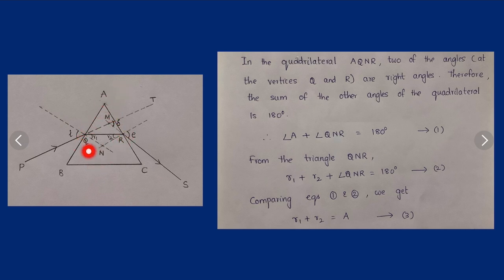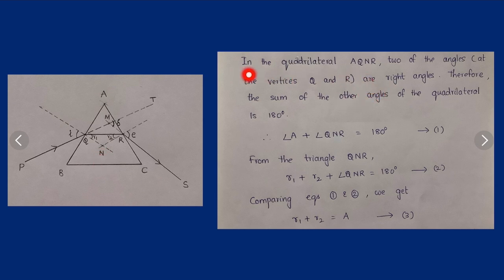In this quadrilateral AQNR, angle AQN and angle ARN are both 90 degrees. The sum of the four angles in a quadrilateral is equal to 360 degrees. Therefore, Q plus R is 180 degrees, because 90 plus 90 is 180, so the sum of the remaining two angles A and N is also equal to 180 degrees.